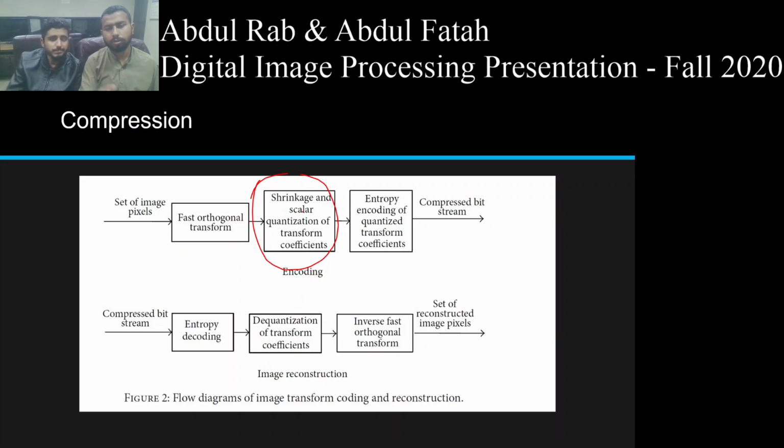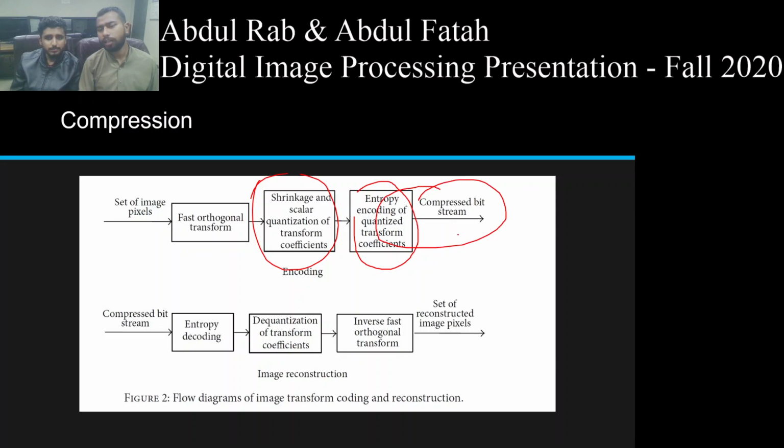Yes, and we also do the scalar quantization of transform coefficients. As for quantization, we have already discussed that we discretize the amplitudes of the data in each pixel. Then we apply some certain threshold, after which we will neglect these values or keep these values, and we move forward from this step to the next step, that is entropy encoding of the quantized transform coefficients, and hence we get the compressed bit stream.